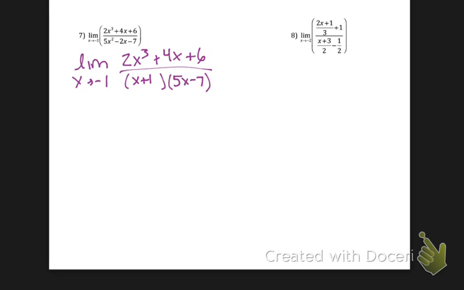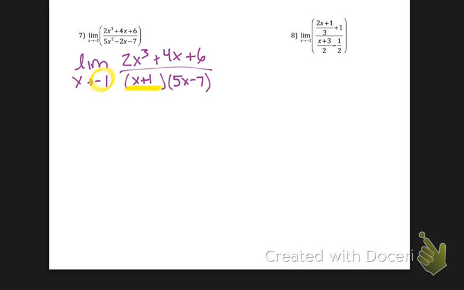So if you're trying to have a little shortcut with factoring, and you know that the limit is approaching negative 1, that means you're going to need a factor that creates 0, which would be x plus 1. So that can be sort of like a starting spot when you're factoring. All right, so we need a factor of x plus 1 in the numerator.